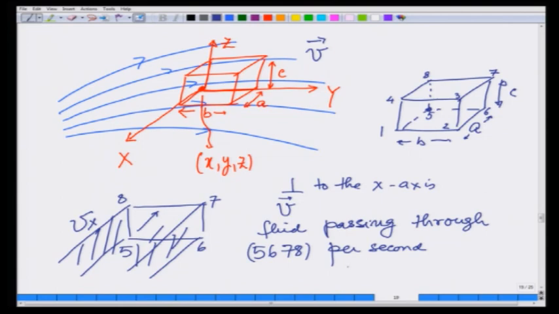So, fluid passing through this is going to be Vx times the area is going to be B times C. This is a fluid passing through it.